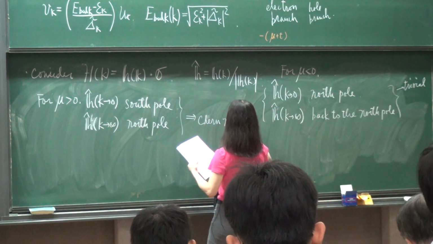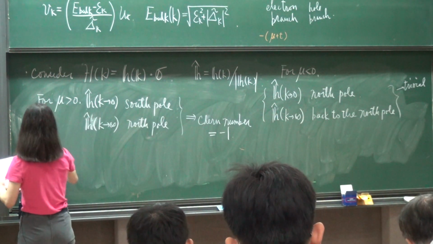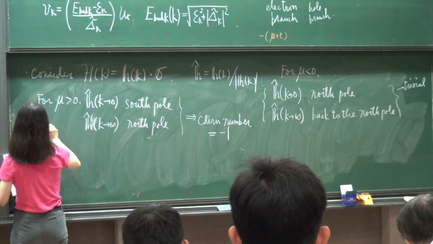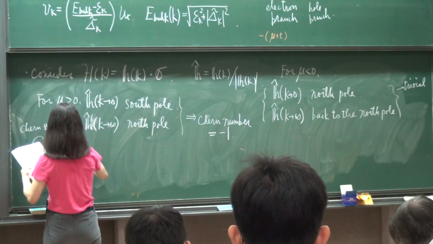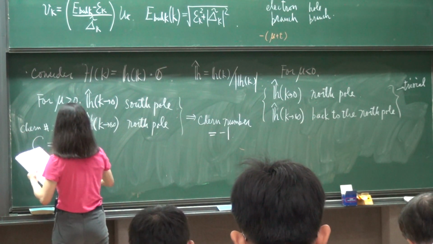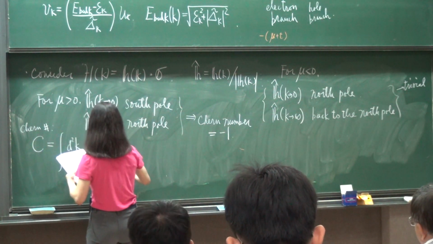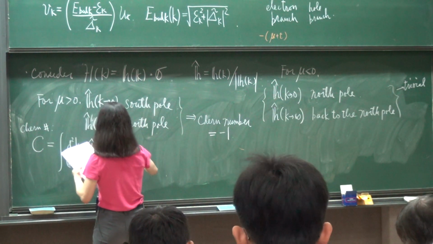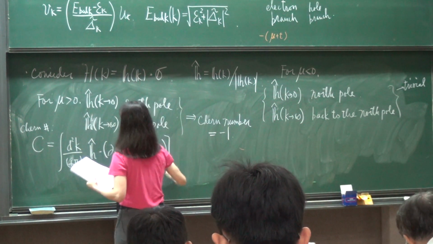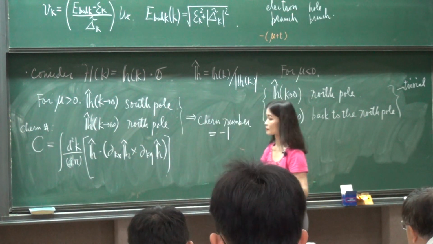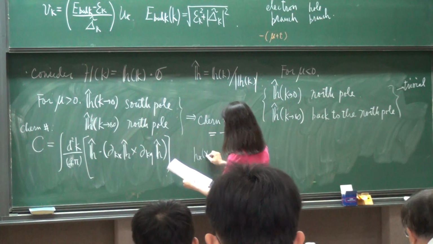This is a way of looking at things. Chern number is -1. And what's my Chern number? I can define my Chern number. I mentioned that a little bit yesterday. So I just look at these vectors, the h vector, and of course, what's my h_x?